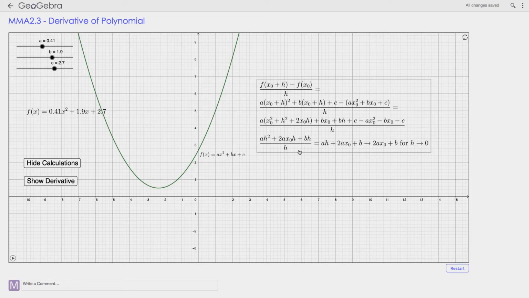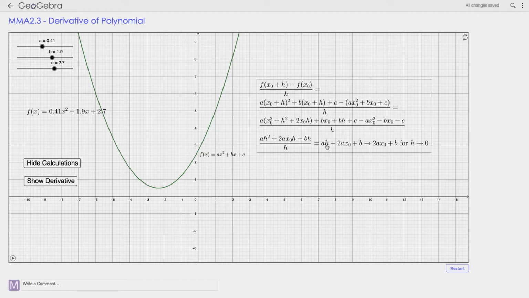So this is what we're left with after canceling out the h's. And this expression, which depends on x naught and on h, is also defined for h equal to 0, right?